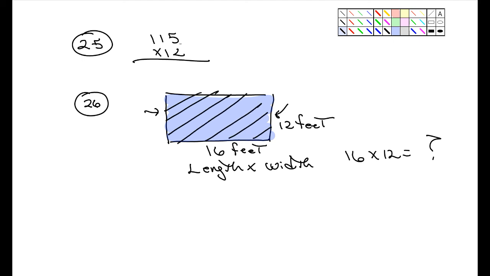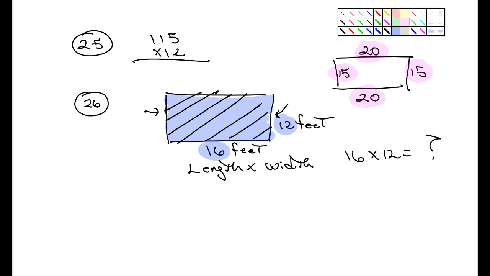Now, not long ago, we did a problem that was talking about the perimeter. Let's say if this was 20 and this was 15, remember you have to add all four sides to get the perimeter. This would also be 20 and this would also be 15. So when you do perimeter, you're adding up all four sides. When you do area, you're just simply multiplying one side by the other.